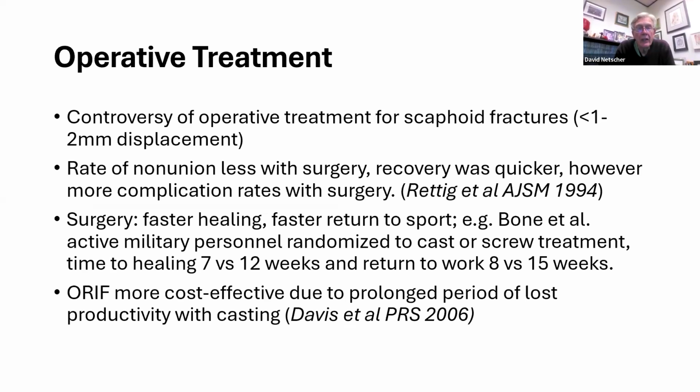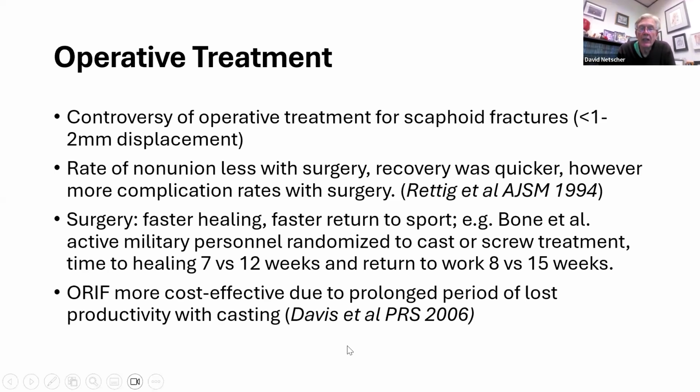The recovery is quicker. However, there are substantially more complication rates with surgery, to that degree that in the United Kingdom, when you're on the national health system, they disallow operative fixation for non-displaced fractures of the scaphoid because of the higher potential risk.